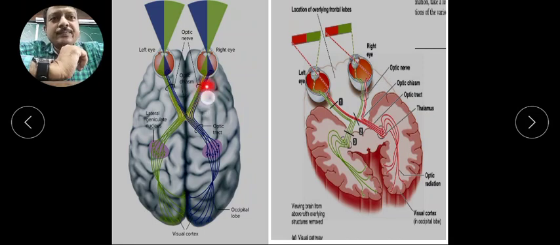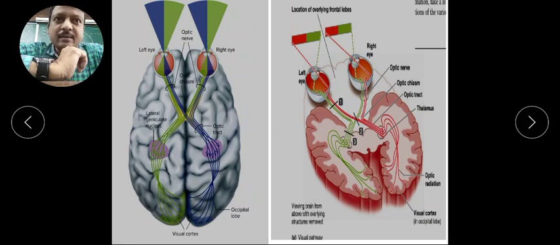The optic nerve is the continuation of the axons of the ganglion cells. The ganglion cells synapse with bipolar cells, which synapse with photoreceptors, that is the rods and cones.